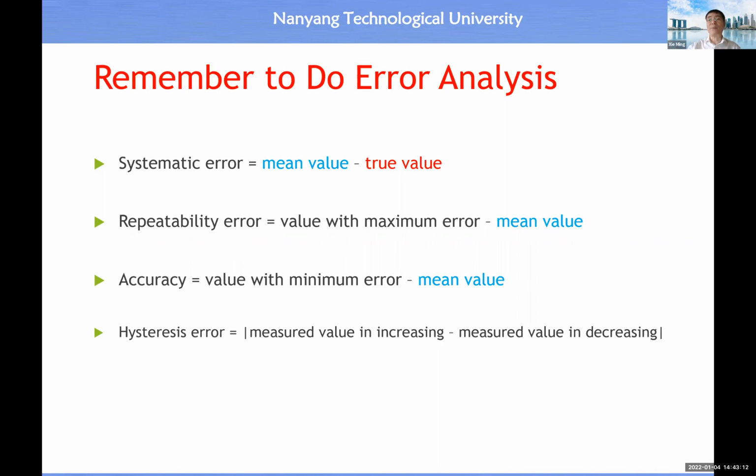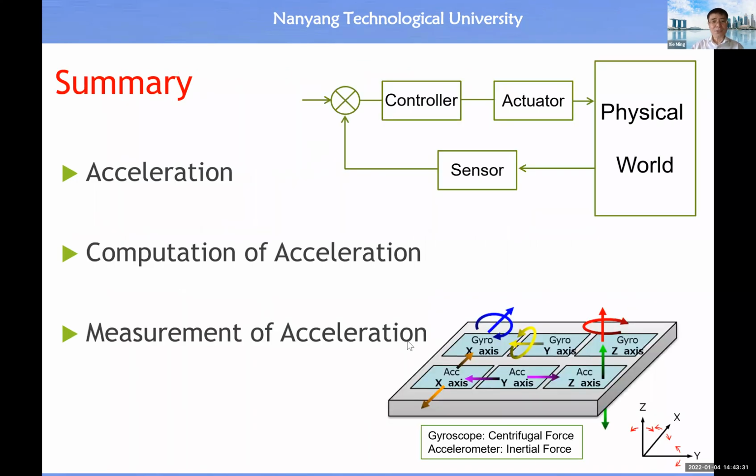Then you do the comparison to see whether there's a difference or not. If there's no difference, then there's no hysteresis error. Otherwise, there is a hysteresis error, all right? And this information is necessary for you to provide to the buyer or user of your sensor, all right? So that's all about today's lecture.